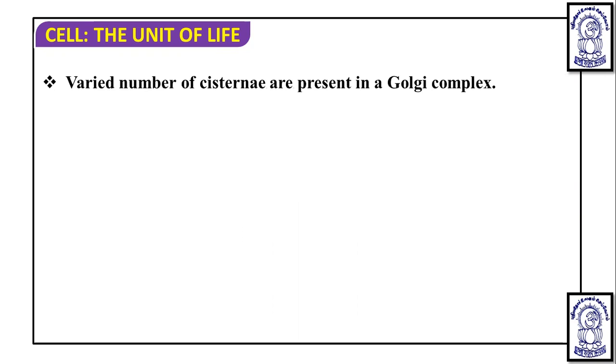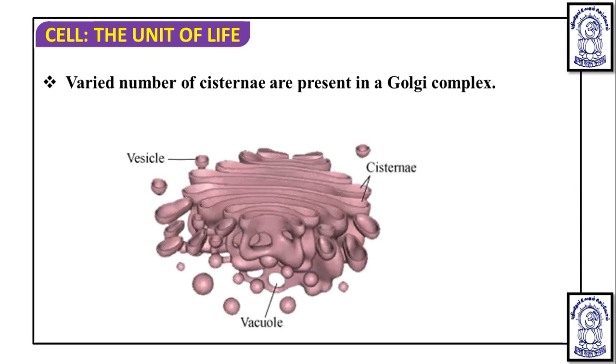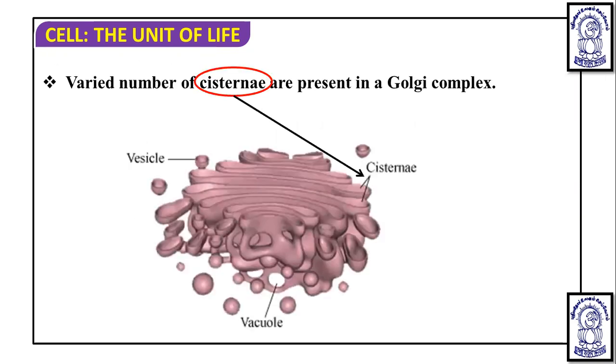The cisternae are an important one, and they are present in a Golgi complex. And the structure looks like this. See, this is the cisternae, and here you will see that the cisternae are there, these vesicles are there, these vacuoles are there.